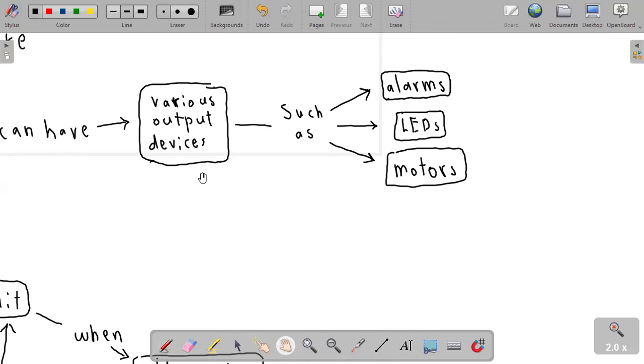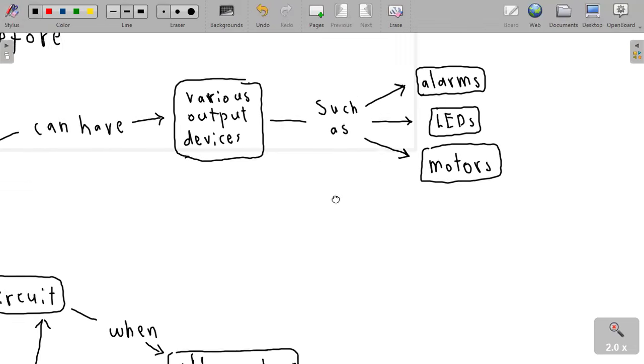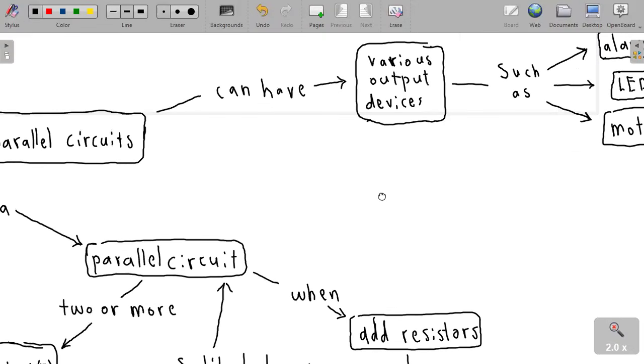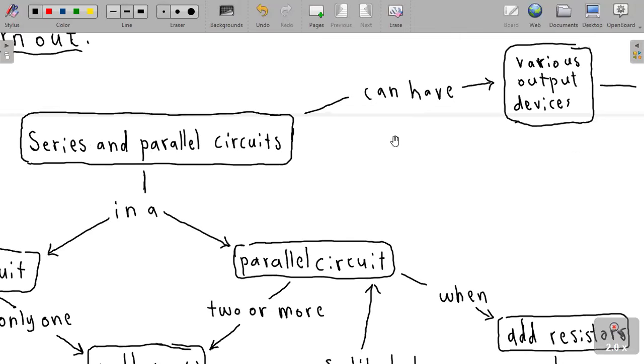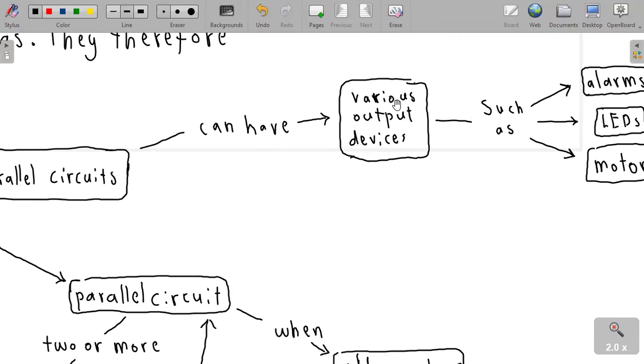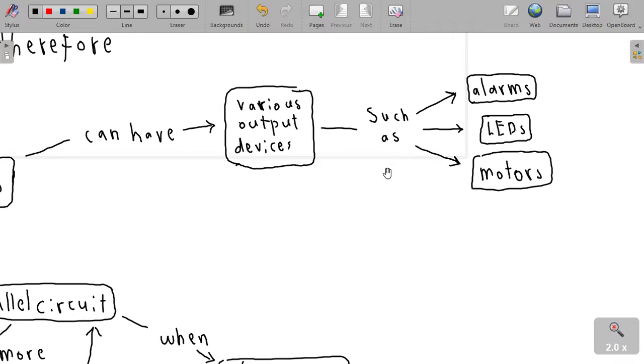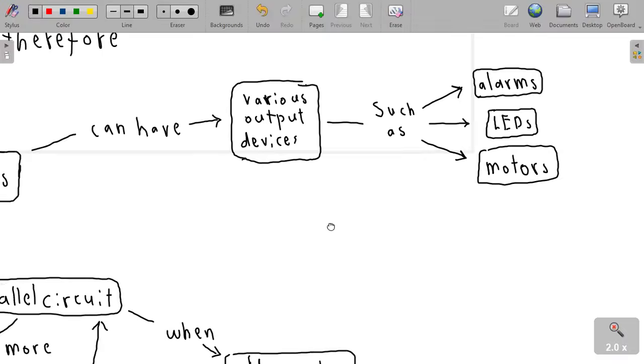It's not just one type of circuit. Series and parallel circuits can have various output devices such as alarms, LEDs, or motors.